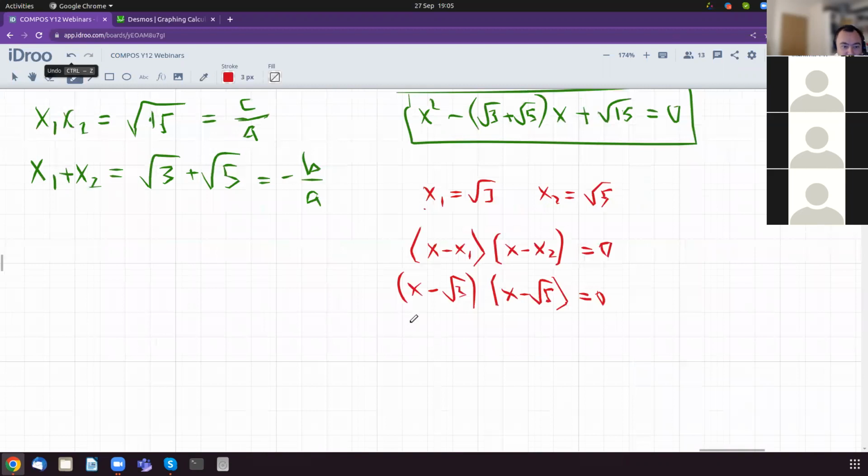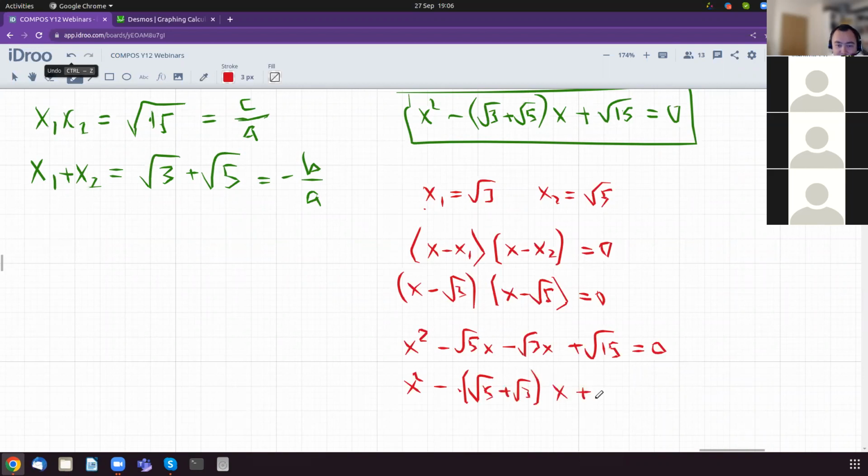Then x squared minus square root of 5 x minus square root of 3 x plus square root of 15 equals 0. So x squared minus (square root of 5 plus square root of 3) x plus square root of 15 equals 0.